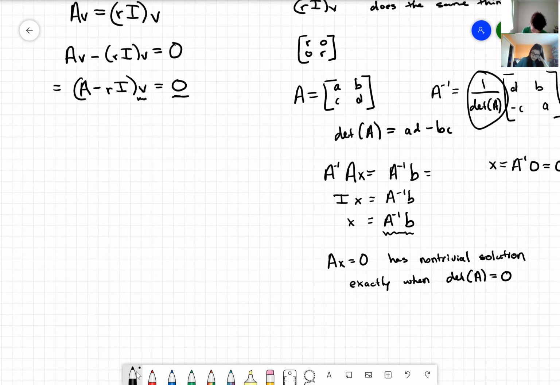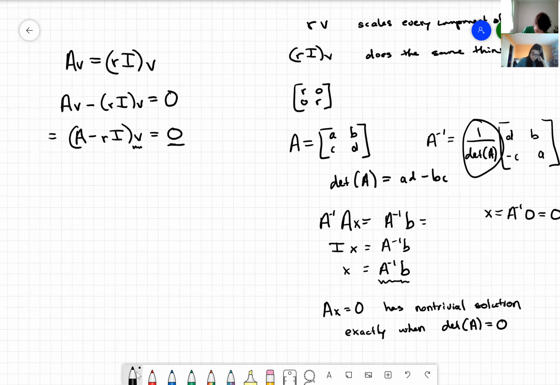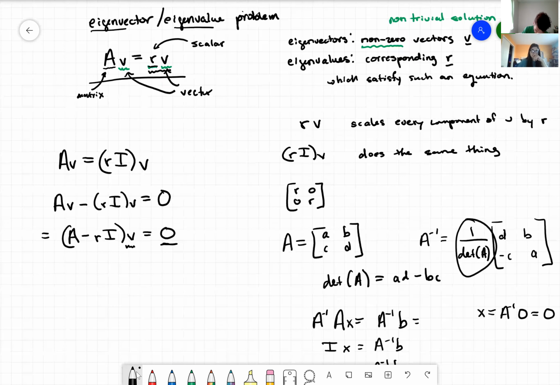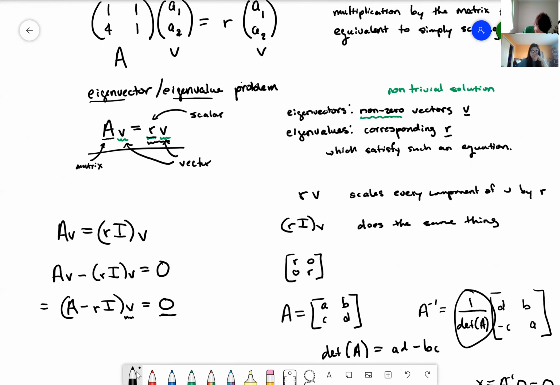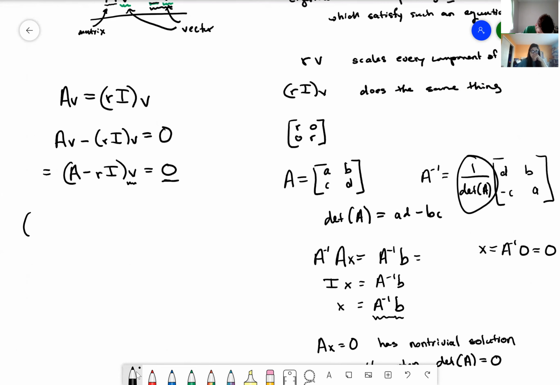Okay. Now that gives us a way to solve a problem like the one we were looking at. We wanted to find, I was just trying to remember this matrix here, 1, 4, 4, 1. So we had the matrix with rows 1, 4 and 4, 1, times A1, A2 is equal to R times A1, A2.